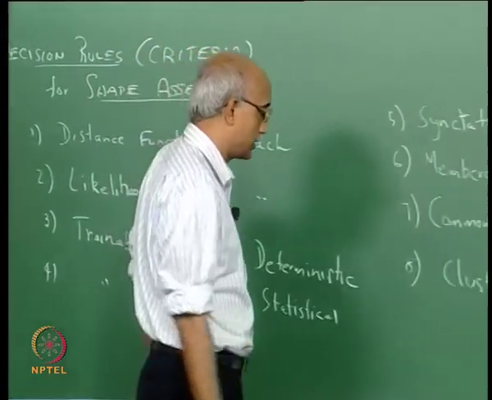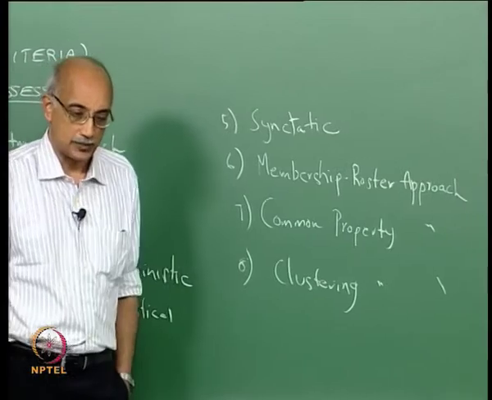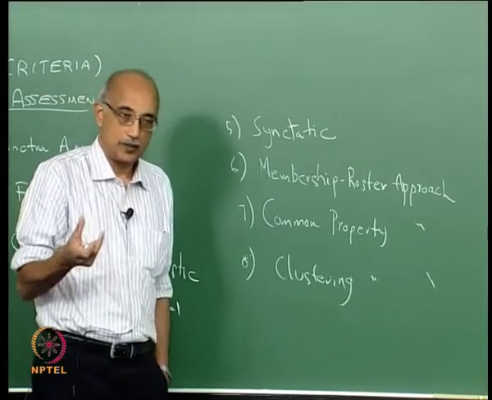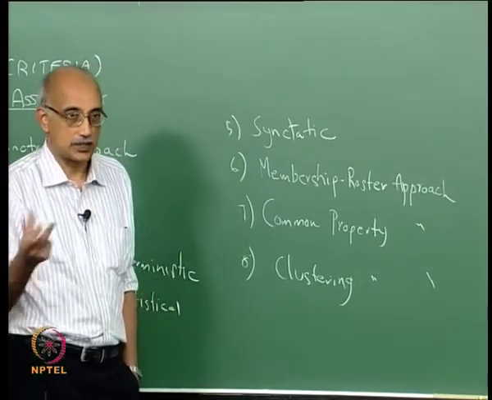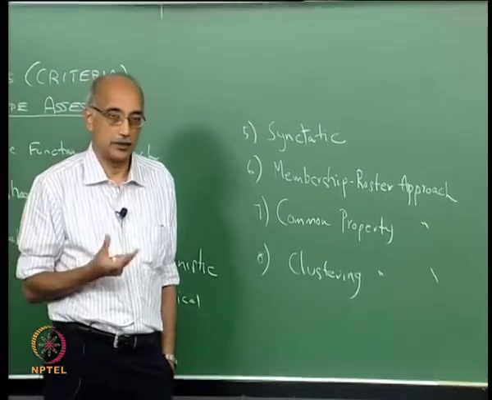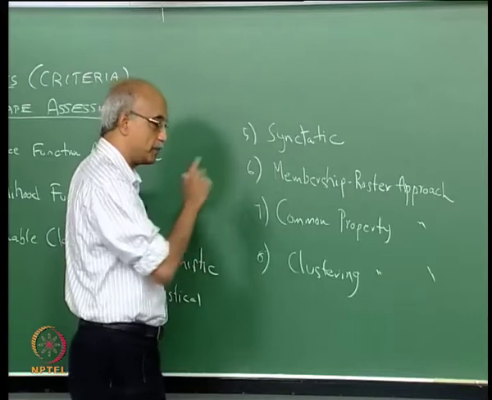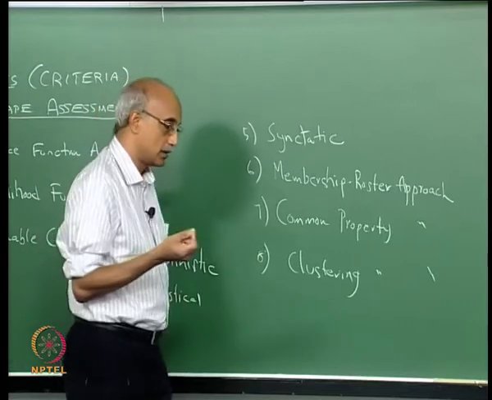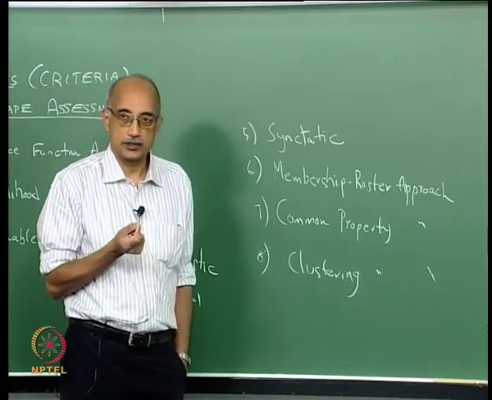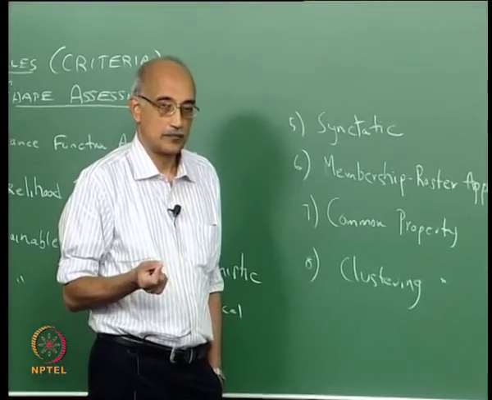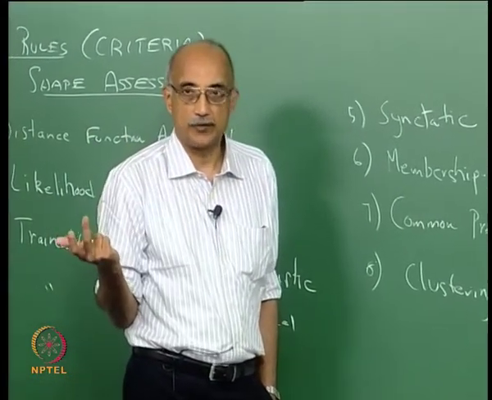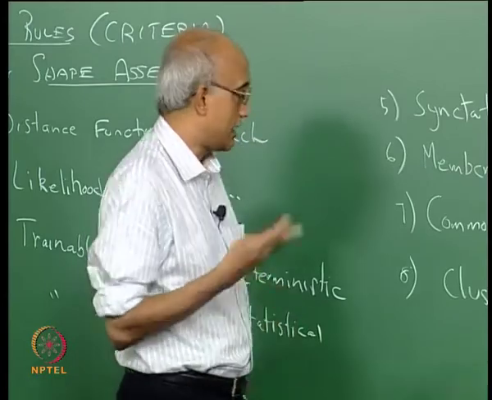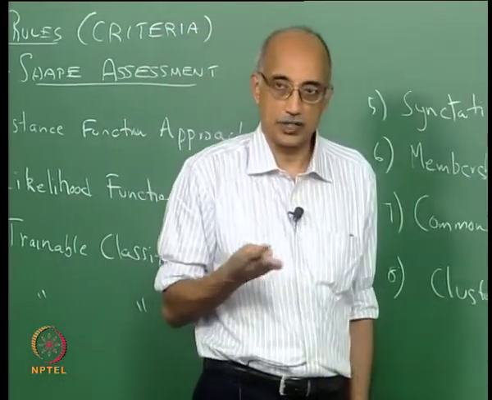The fifth method, syntactic, again goes back to verbal descriptions, but with one change. Instead of simply looking at the shape of the particle and calling it a disk or a rod or a cylinder or an ellipsoid or whatever, you try to base your decision on the origin of the particle. For example, if you know that the process which generated this particle involved condensation from a vapor, right, then you can actually use your physical insight into that process to arrive at a shape estimate for the object.